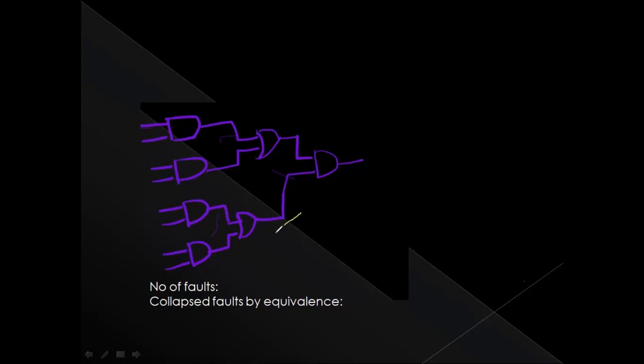So I start identifying. I have 8 primary inputs, 1 primary output, and then 9, 10, 11, 12, 13, 14, and 15.